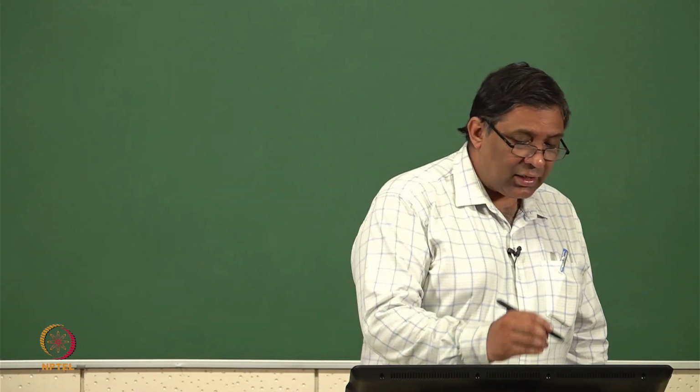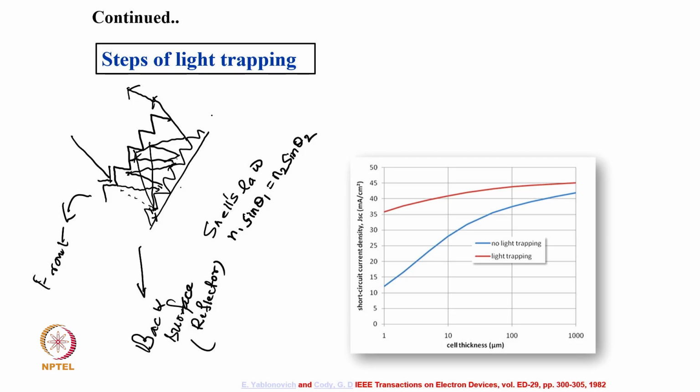Okay, and that is called total internal reflection. So by using total internal reflection, what you have done, you have now enhanced the optical path length multiple times.